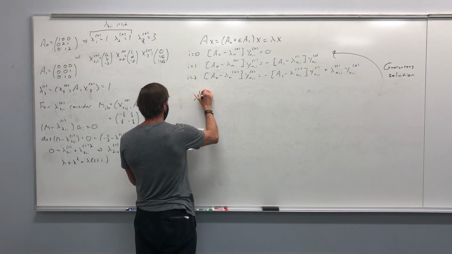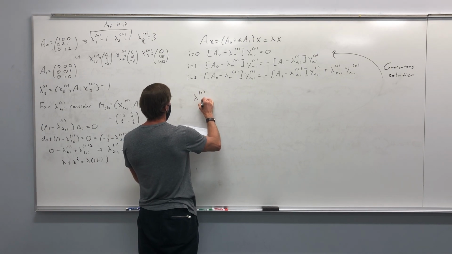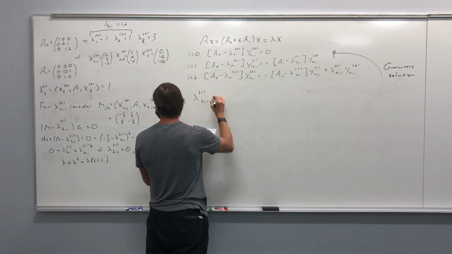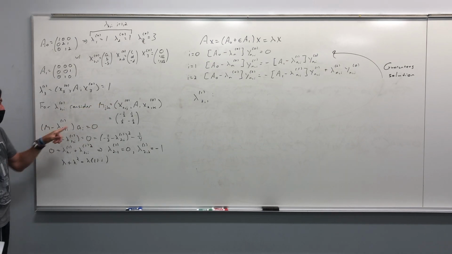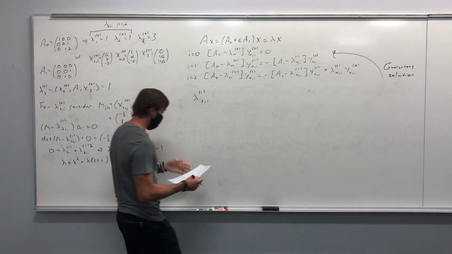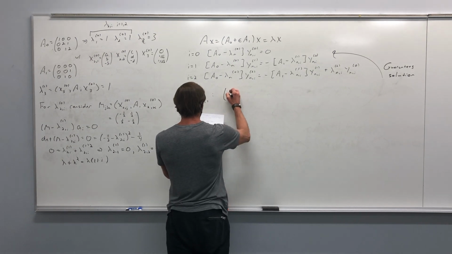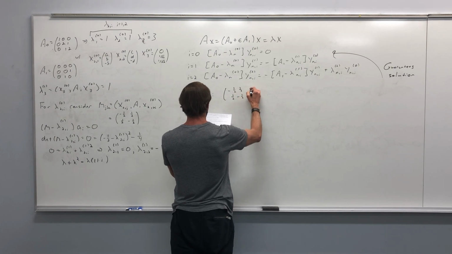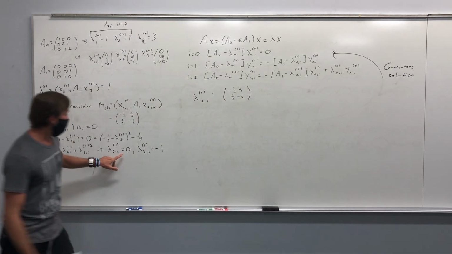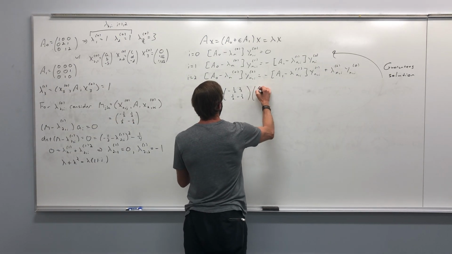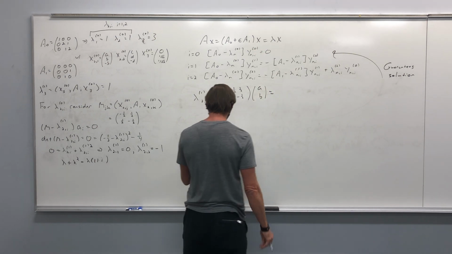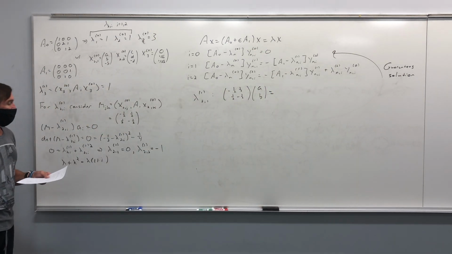So if I take lambda 1,2,1 and plug it into this expression to find the eigenvector associated with it, I take the matrix and subtract the diagonals times the eigenvector associated with lambda 2,1. Then I have minus 1 half, 1 half, 1 half, minus 1 half, because that's subtracting 0 from the diagonal, which doesn't do anything. Times A, B equals 0.